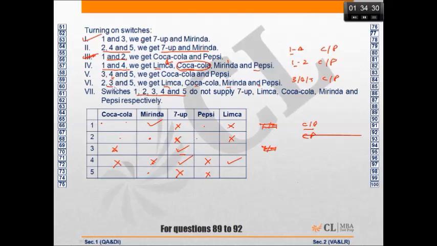2, 3, 5. We get Limca, Coke, Mirinda, Pepsi. 3, 4, 5. We get Coke and Pepsi. 4 you cannot get Coke.